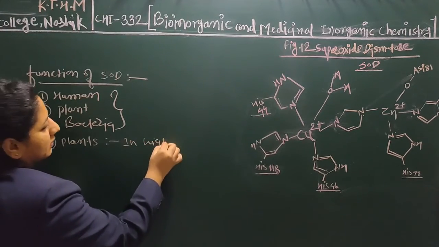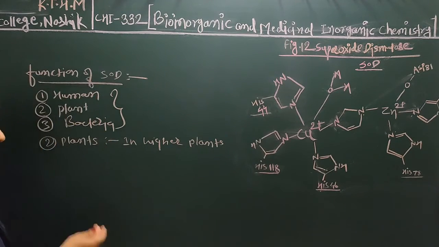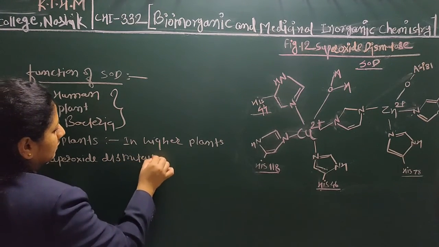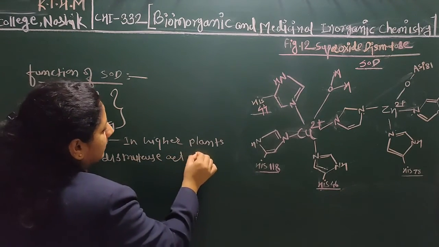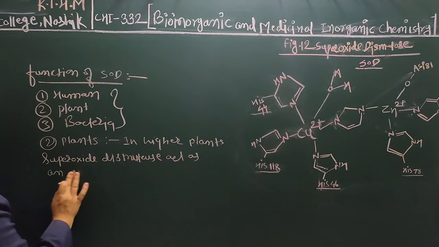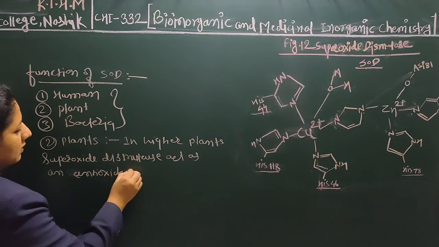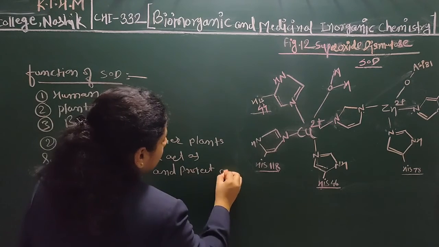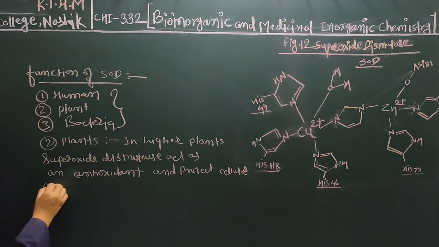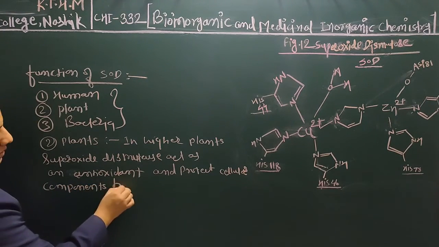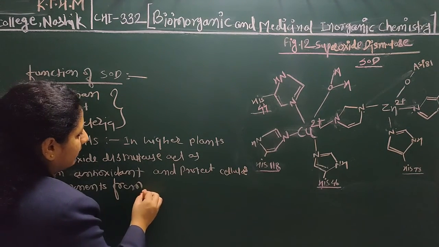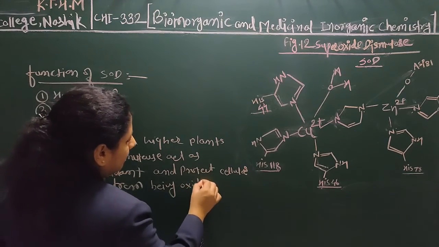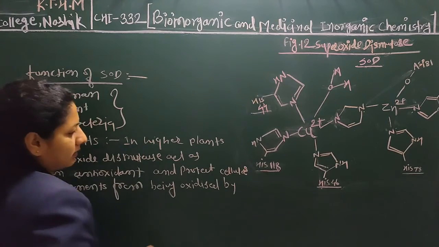In higher plants, superoxide dismutase acts as an antioxidant and protects cellular components from being oxidized by reactive oxygen species.